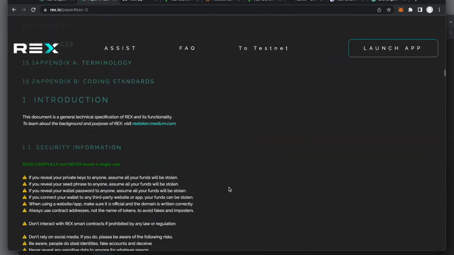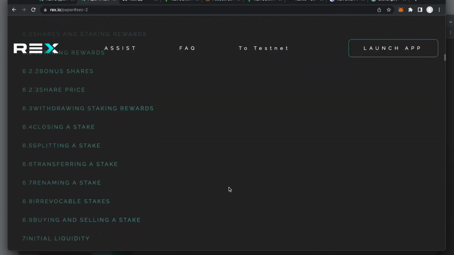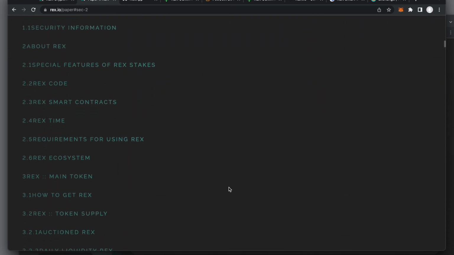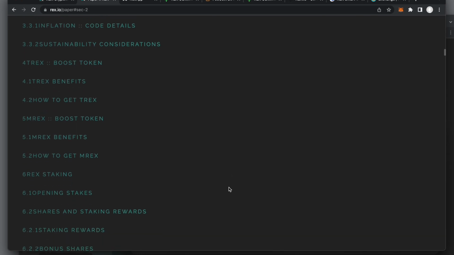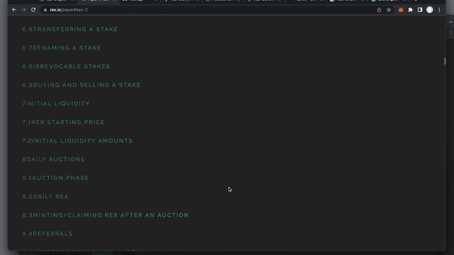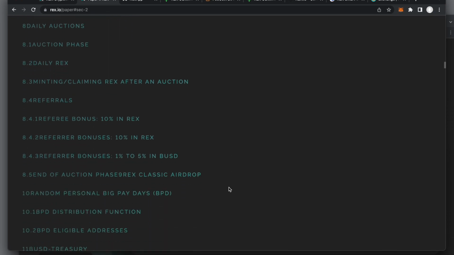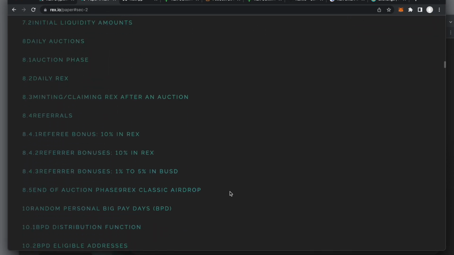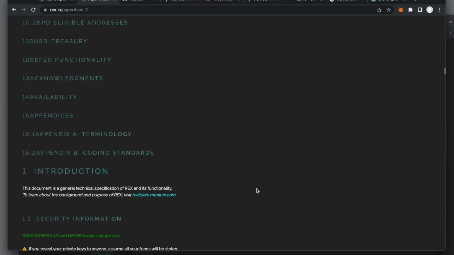So I might skip around this white paper just a little bit and skip from the TREX discussion over to the auction section, because then the MREX and the staking sections will make a lot more sense. So signing off for now, and I will be back to talk about auctions.